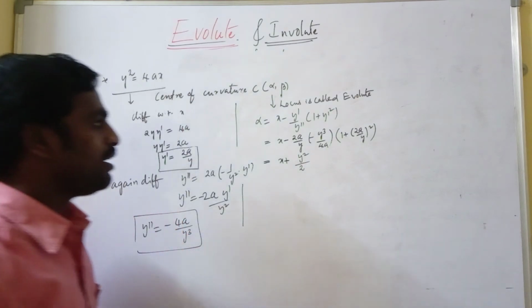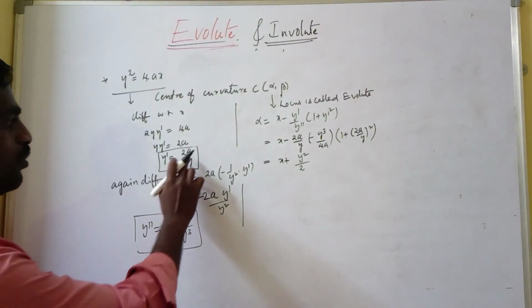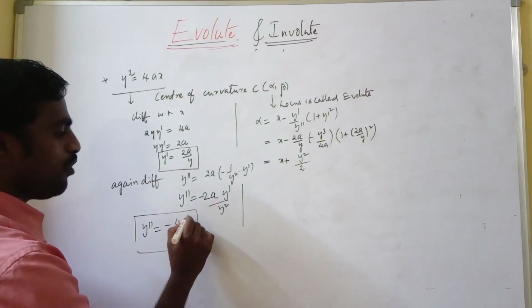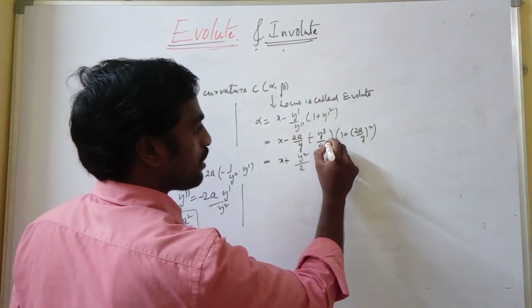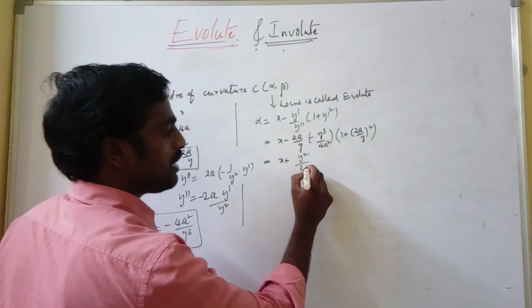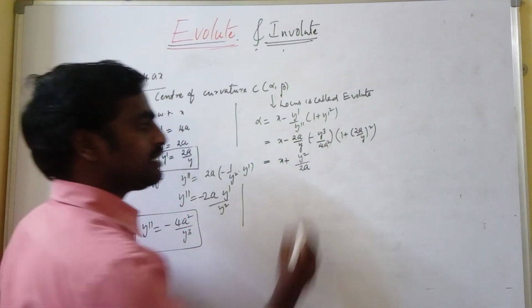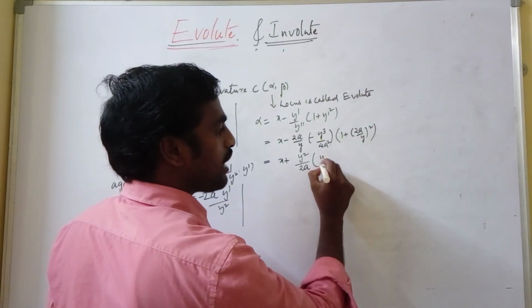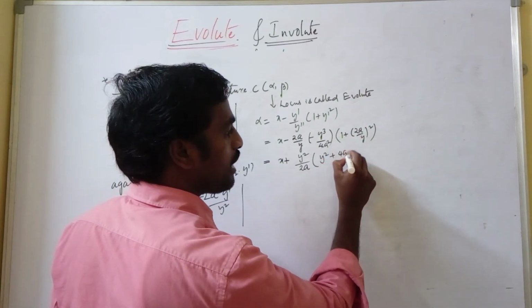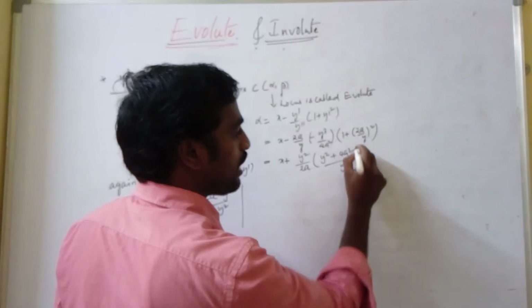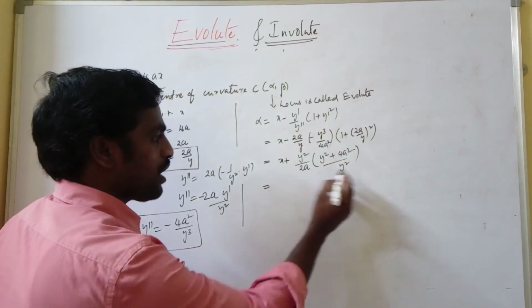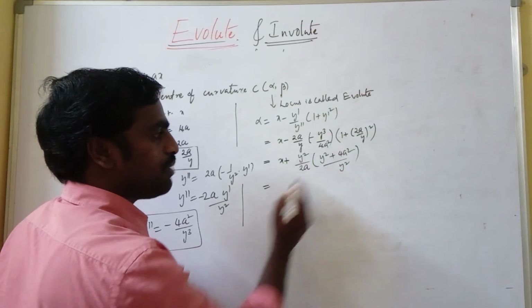Here y dash is 2a, so 2a by y whole power 2 gives 4a square by y square. After taking the LCM you get y square plus 4a square by y square, in which y square will be cancelled.